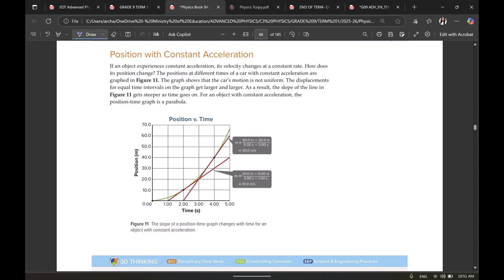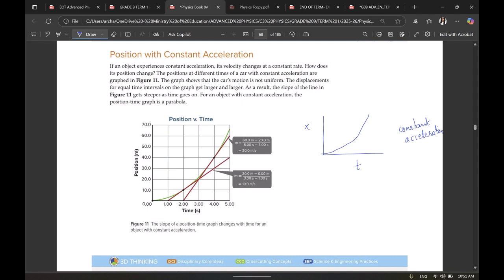In a position versus time graph, with position x here and time here, how is acceleration shown? It is shown like this, as a curve. Even if it is a constant acceleration, it will be a curve itself. Hope it is clear.